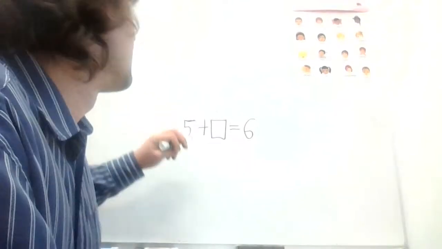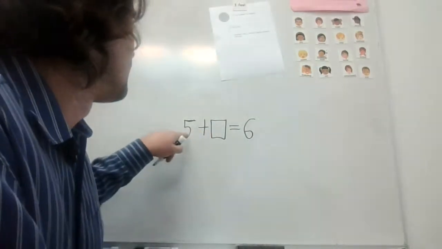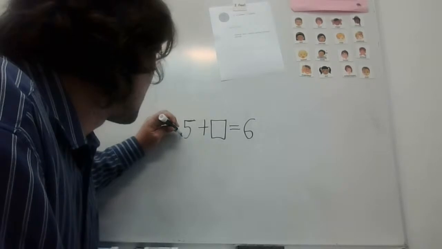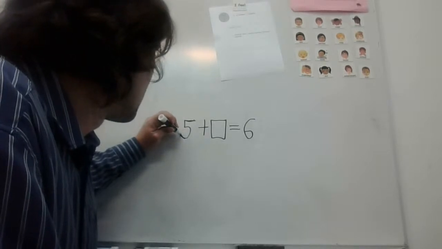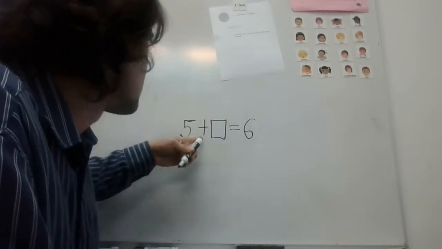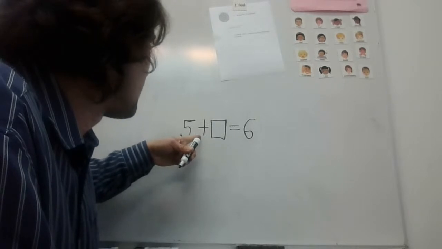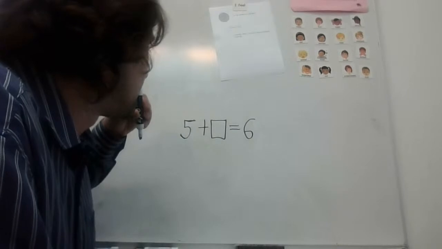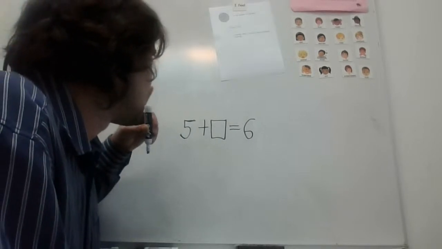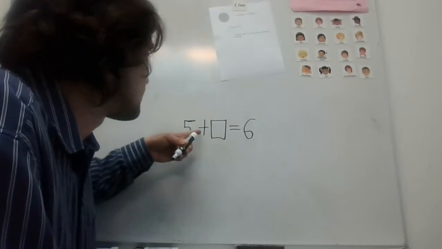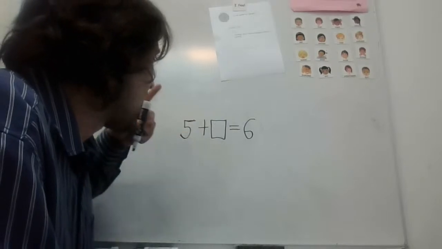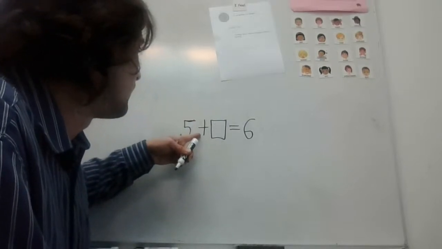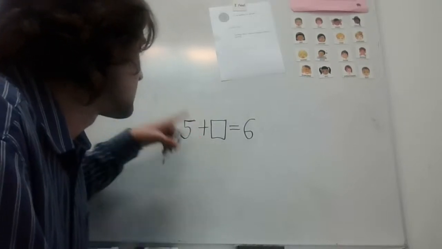So again, whatever the operation is, we have to do the opposite. If this was a missing number problem with a subtraction sign, we would have to add. If it's a missing addend, the operation is addition and it shows an addition sign, then we subtract. We do the opposite of whatever the operation is.